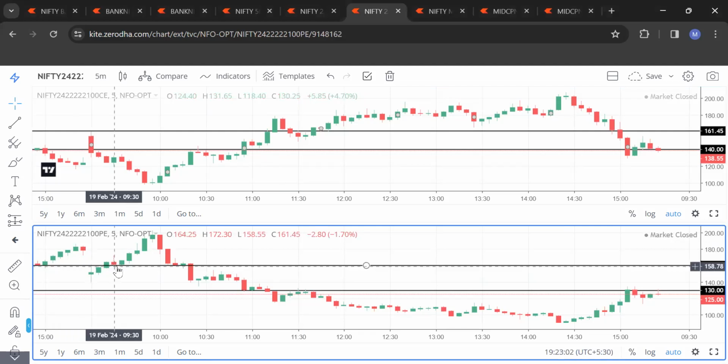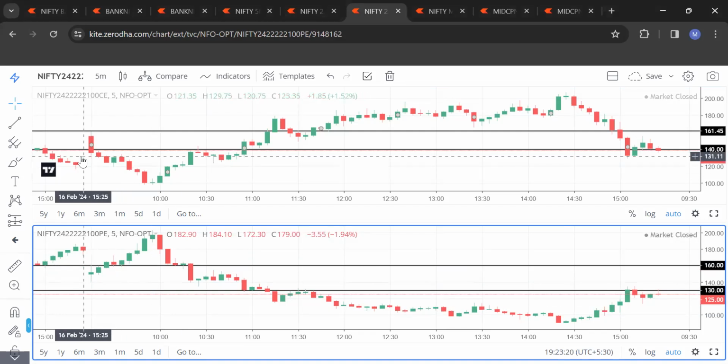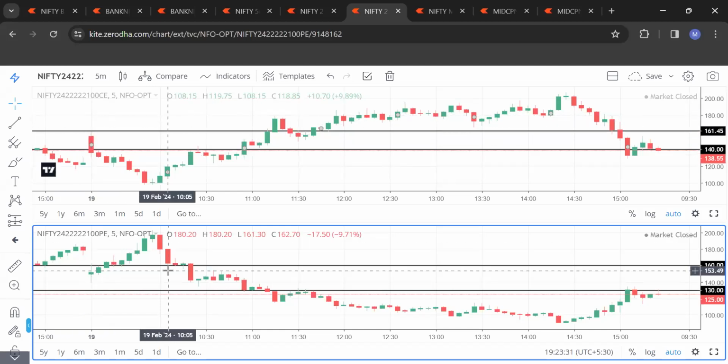If the level between the upper line and lower line is quite big, say 100 points, where here it is just 30 points, that will depend upon the height of this candle. If this is a huge candle, then because you are replicating the high and low of this candle, your stop loss will be bigger.